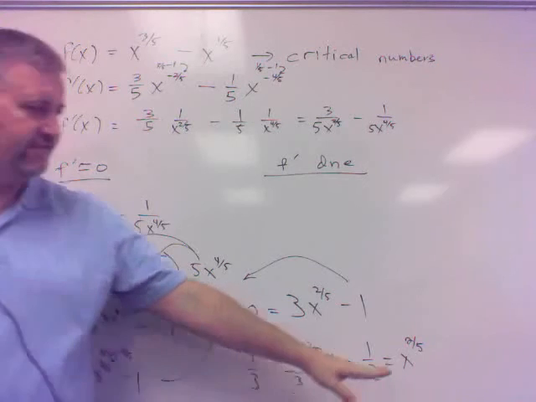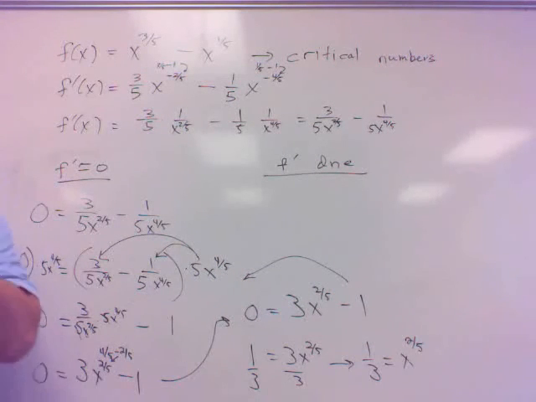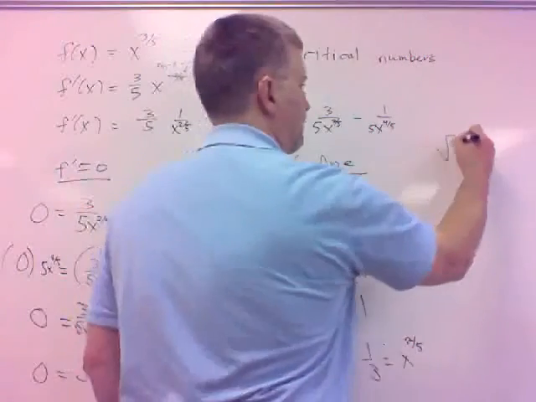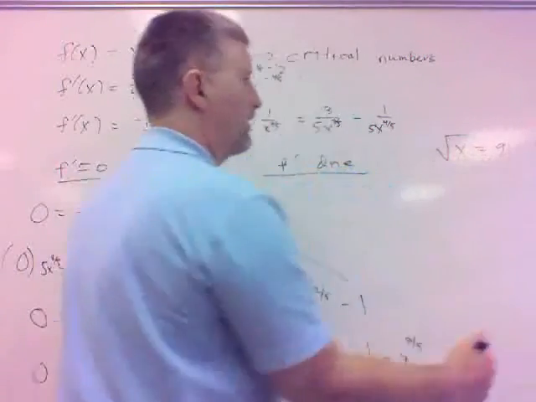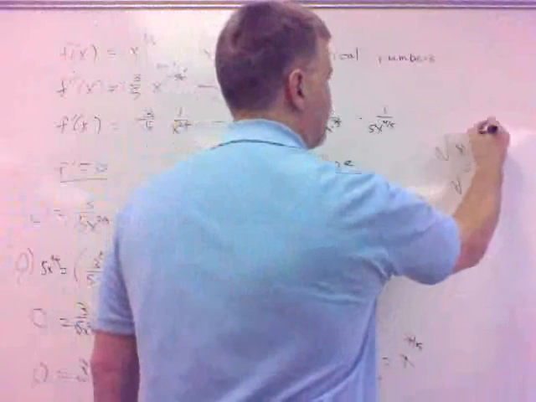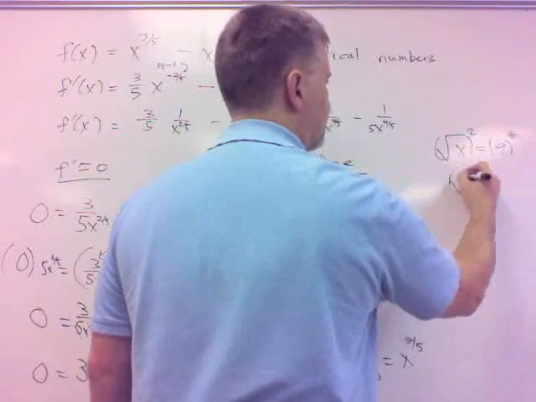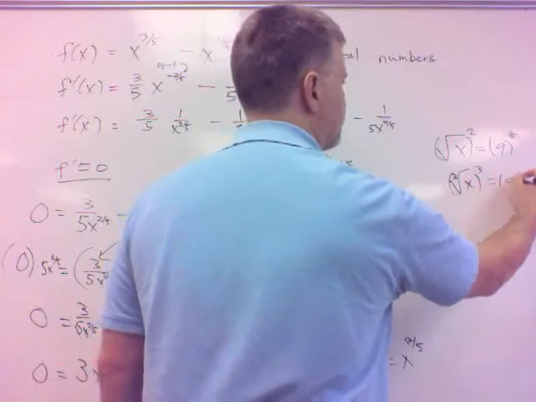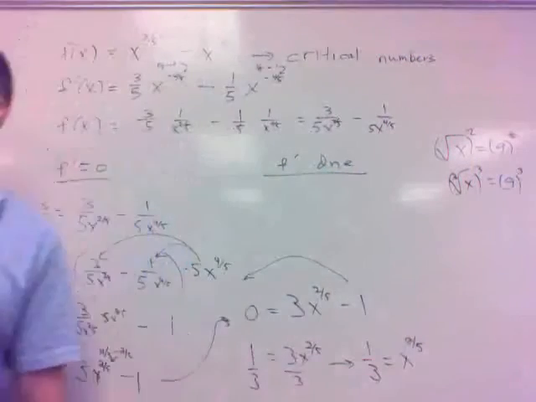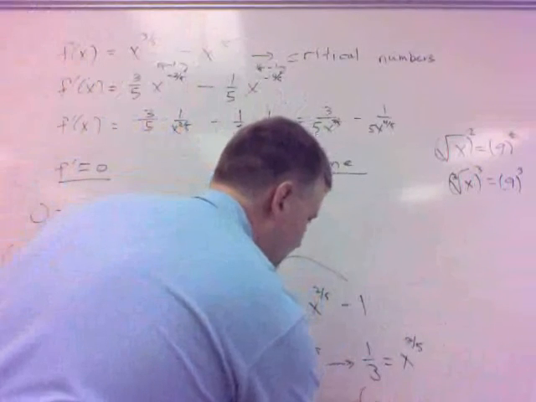So this is like the 5th root of x squared. So if I have like a square root of x equals 9, I square both sides. If I have a cube root, I cube both sides. So if I have a 5th root, what do I do? 5th power both sides. Okay, so I'm going to 5th power both sides.